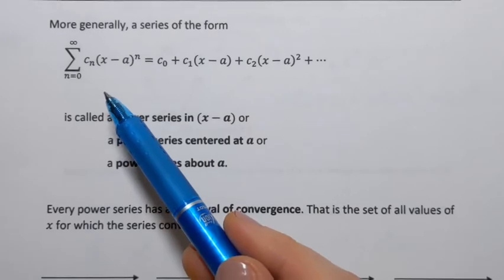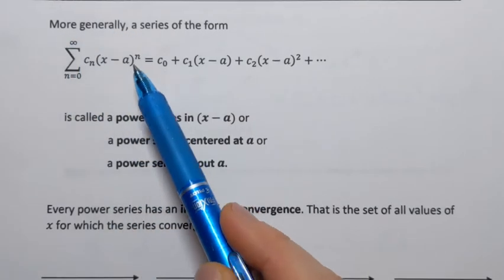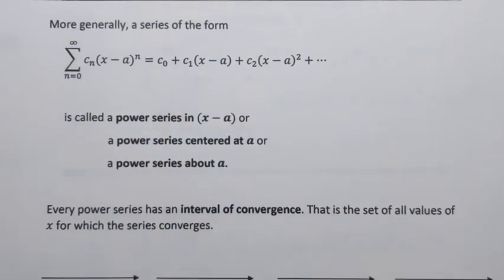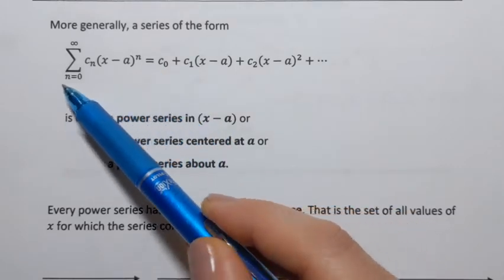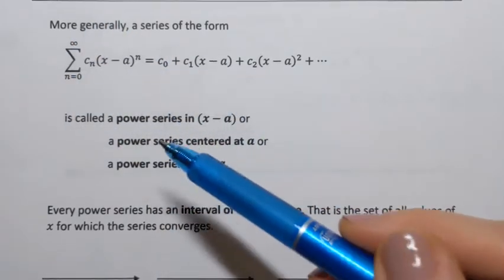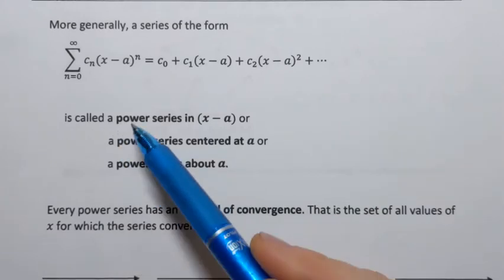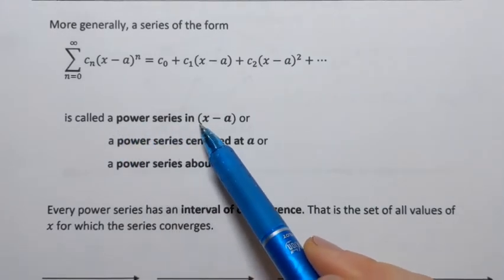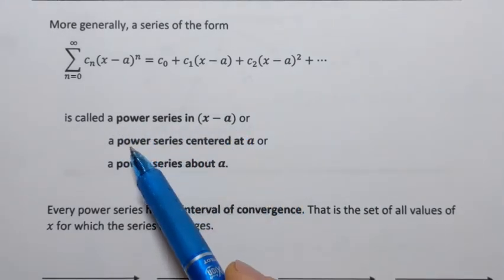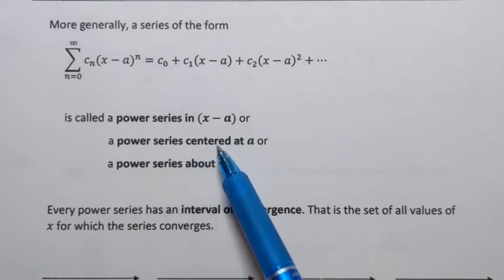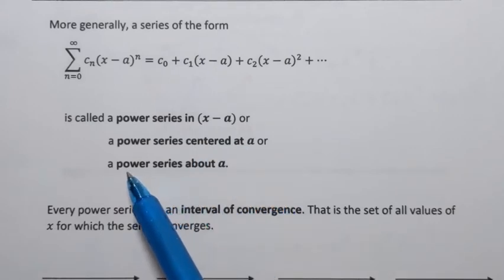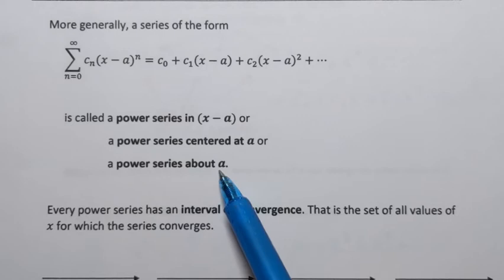So that was just a special case of this more general power series. In different resources, this power series is called differently, but these are the most common names. A power series in x minus a, or a power series centered at a, or power series about a.